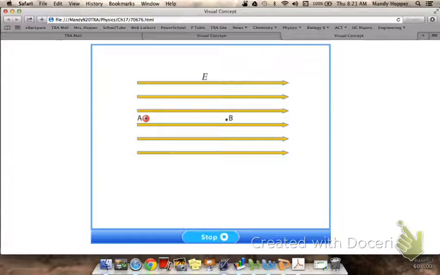Since potential difference is defined as potential energy per charge, the expression for potential difference in a uniform electric field is the potential energy divided by the charge. In this equation, displacement is taken to be in the direction of the electric field. Displacement in a direction perpendicular to the field produces no change in potential energy.